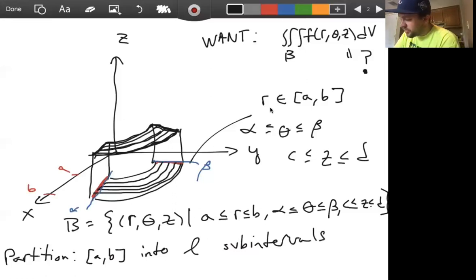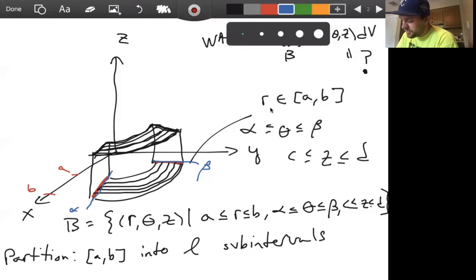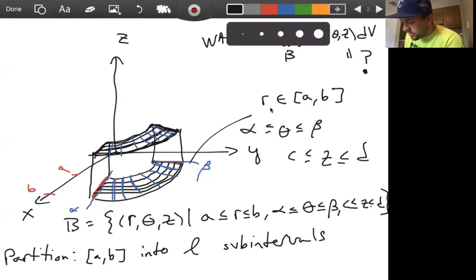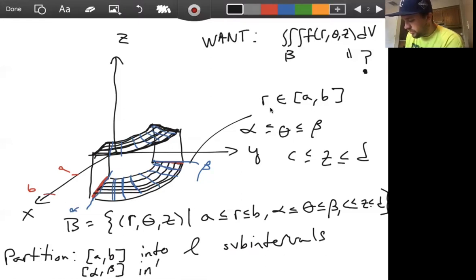Okay, and then so we can partition our theta interval as well and get these kind of slices like this, right? And then let's say we partition alpha, beta into M subintervals.